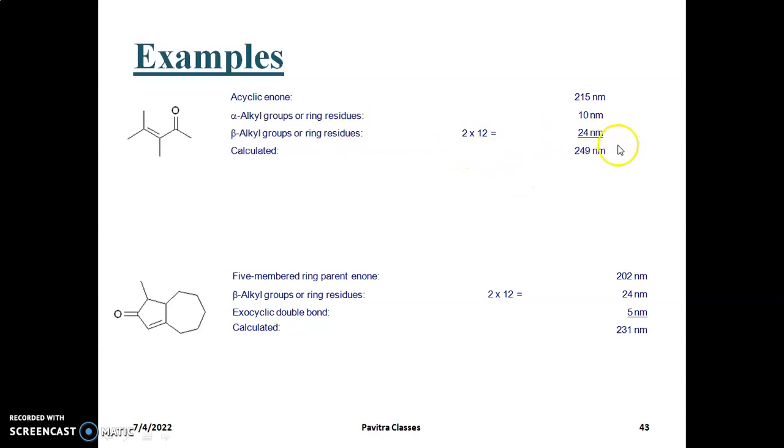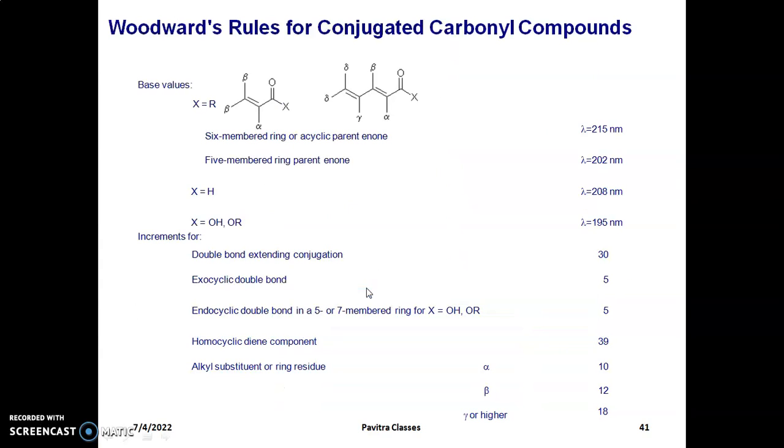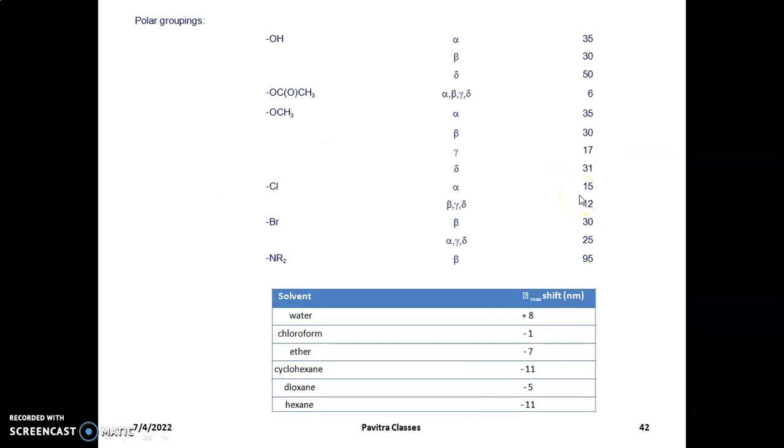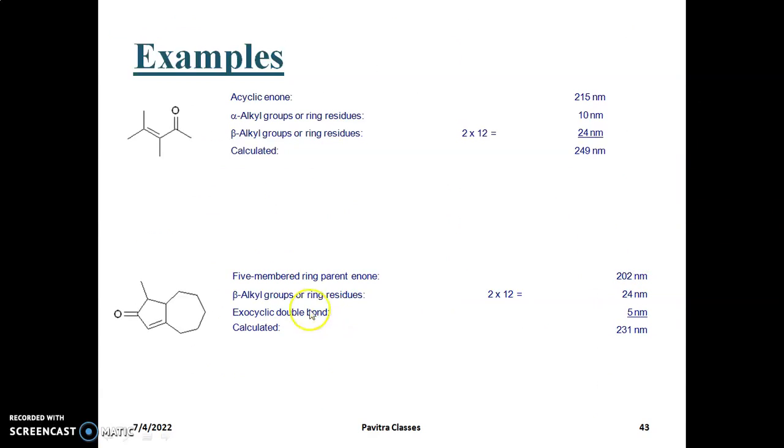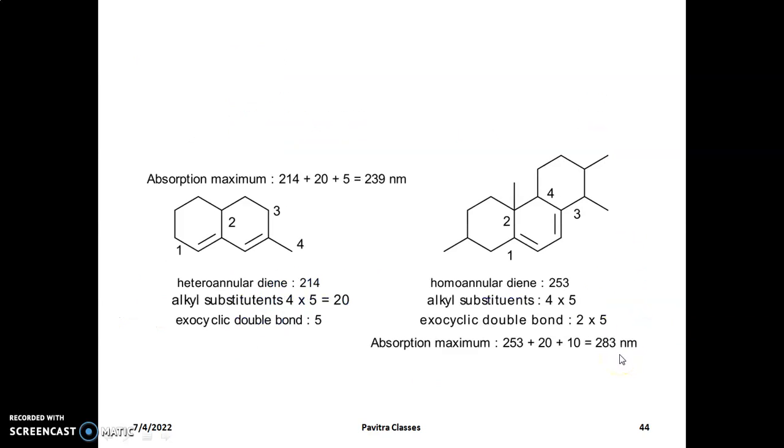The calculated lambda max is 249 nanometers. Next, a 5-membered ring parent enone: for 5-membered, 202 nanometers. Beta alkyl group or ring residues, 2 are there, 12 into 2 is 24. An exocyclic double bond, 1 is there, 5 nm. By adding all this, 230 nanometers.